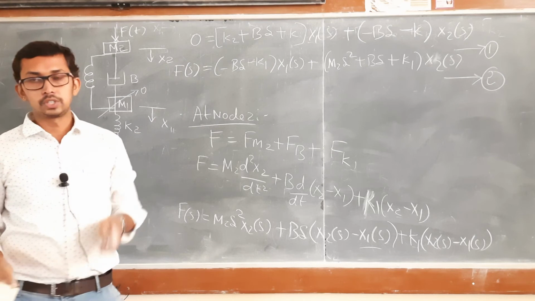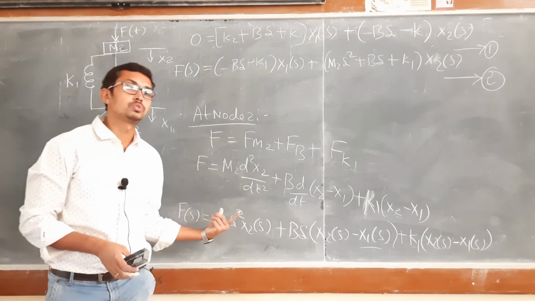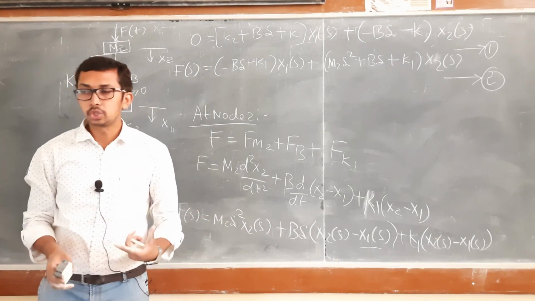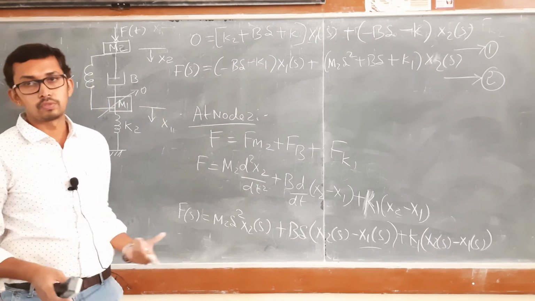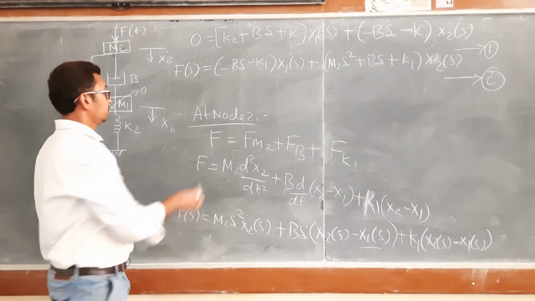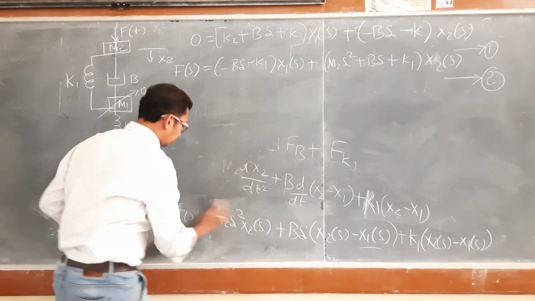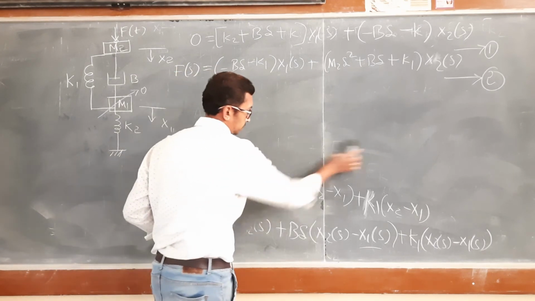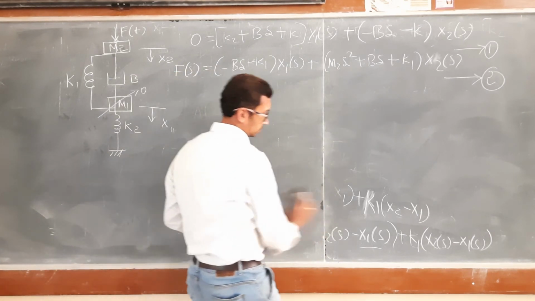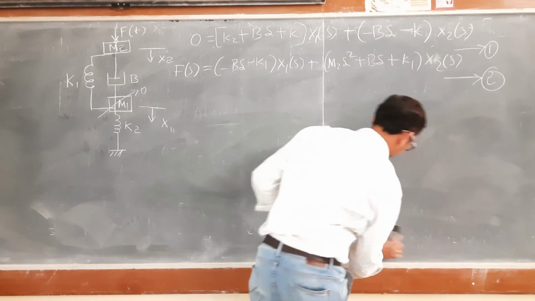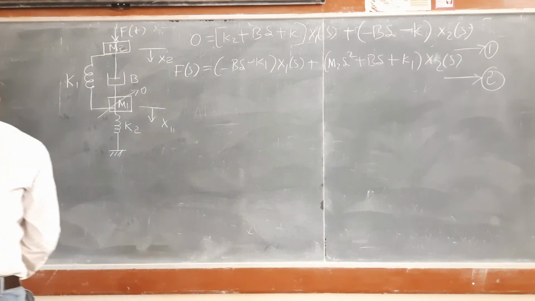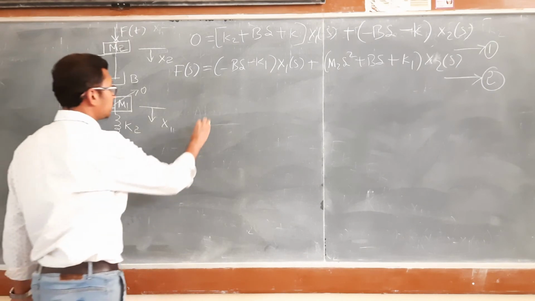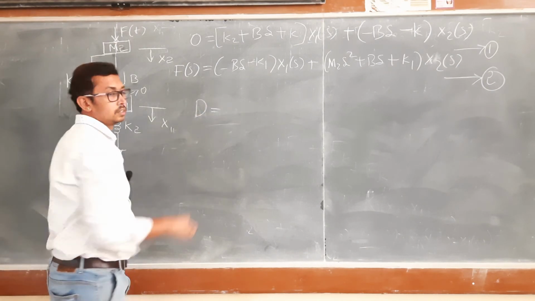Okay, so we have written two differential equations, and I have separated the terms and taken the common. Now we got the two equations. Now I am going to solve this with the help of Cramer's rule to get the transfer function of the system. Already explained what is Cramer's rule. Now, what is the determinant D?